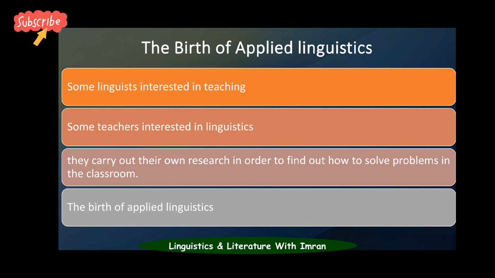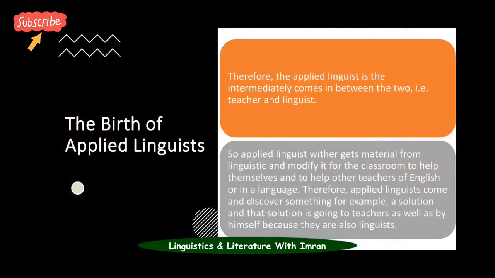But if you are a teacher on the one hand, and a linguist on the other hand, you will sort out the problem, find out the problem, and then solve it, right? So we see that all the great linguists, like Widdowson and Guy Cook, were not just linguists, but they were also teachers, right? So this is the birth of applied linguistics.